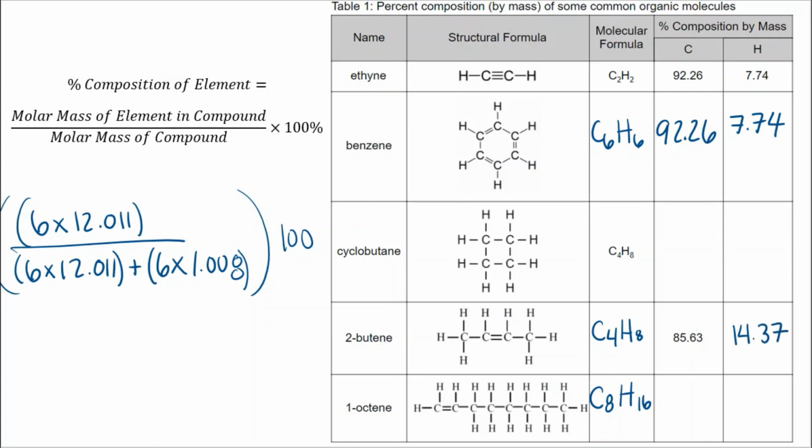Now, just like with benzene and ethyne, these three have different formulas, but their ratio is the same. So C4H8, well, this guy is going to be 85.63 and 14.37. And this guy down here also has that same ratio, so it's going to have the same percent.